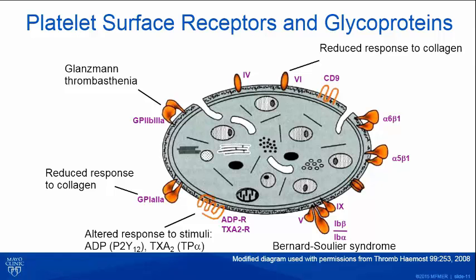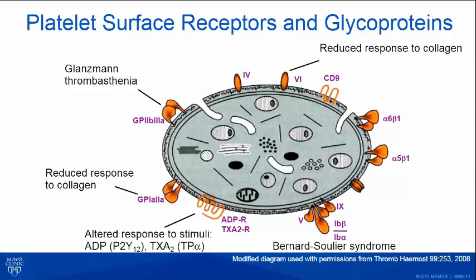So this diagram shows the important surface receptors and glycoproteins on platelets. Glycoprotein 2B3A is the important fibrinogen receptor on the platelet surface. Lack of it will lead to Glanzmann's. And glycoprotein 1a/2a and 6 are important collagen receptors.